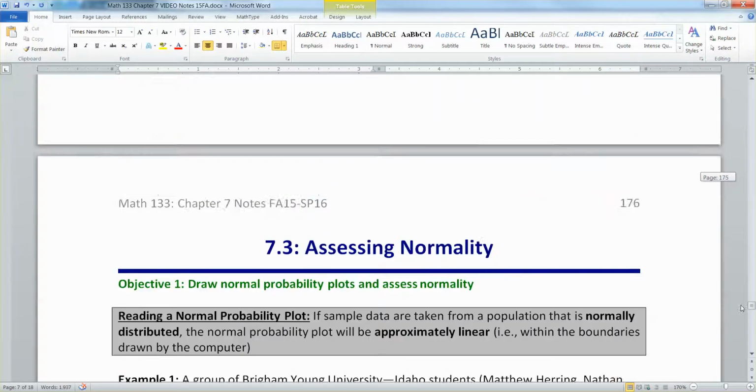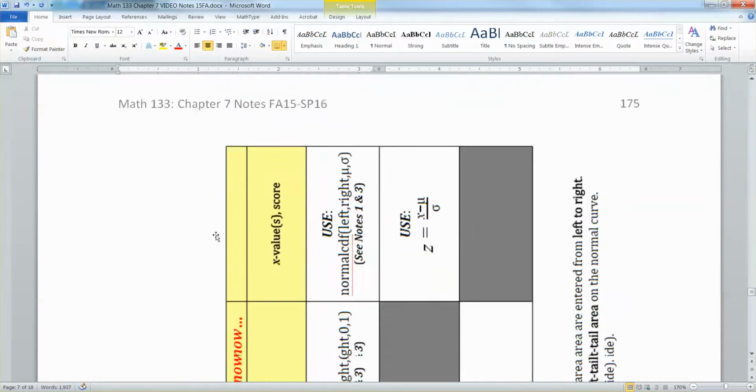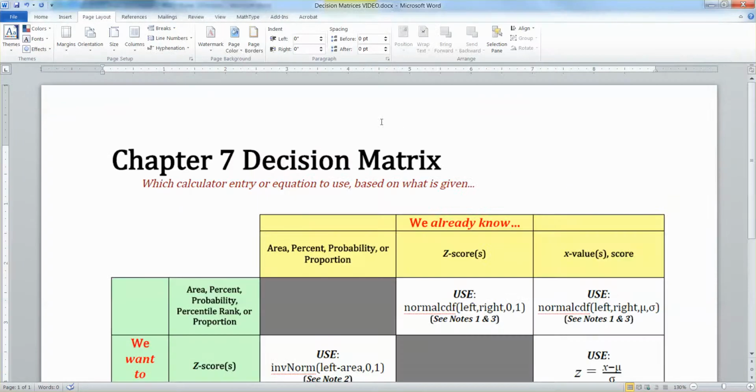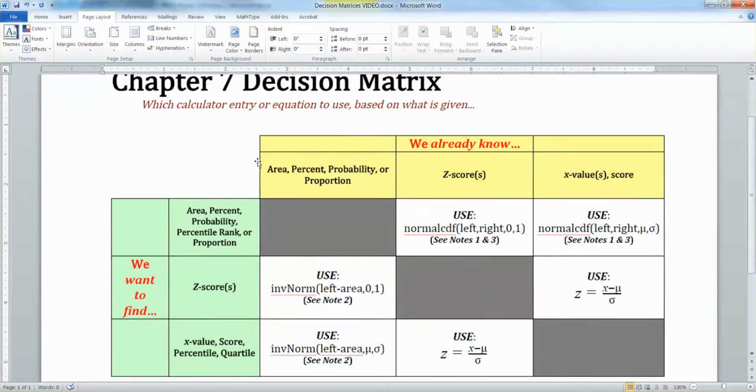There it is. It's this part right here, but that's sideways, so it's hard to look at on the screen, so I have it right here as well. Okay, so we have values given to us, scores, and we want to find the area, the probability. So we're going to use normalcdf(left, right, mu, sigma).